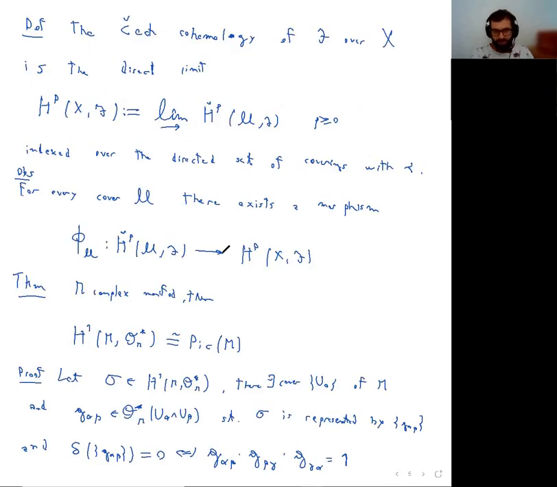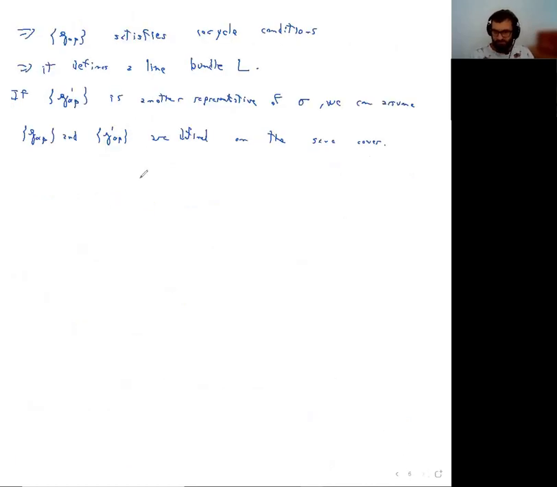If you take a refinement and take the image of g_alpha_beta in that refinement, that still is a representative of sigma. So you just take a common refinement and take the representatives there. And of course, they're mapped to the same line bundle L.